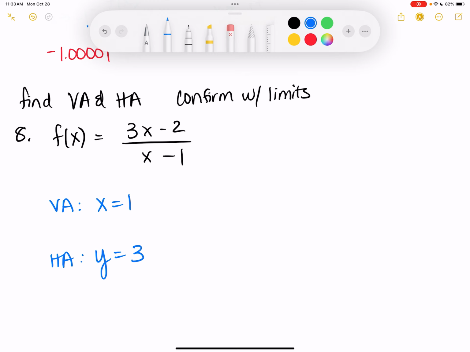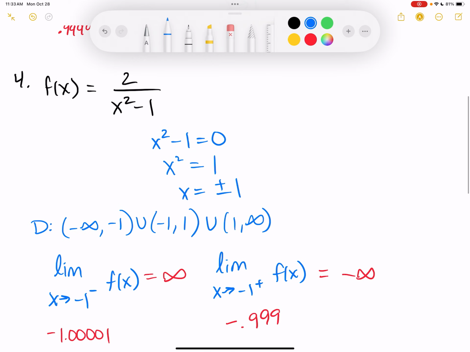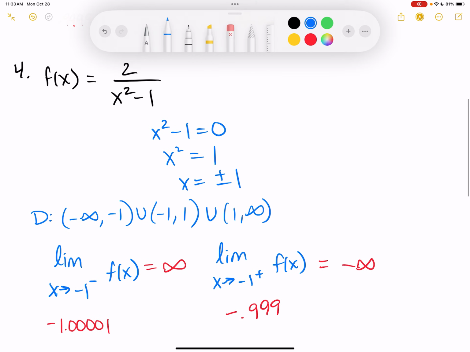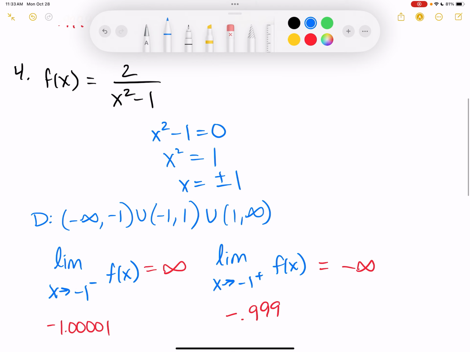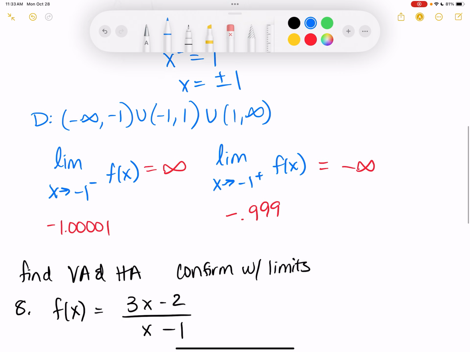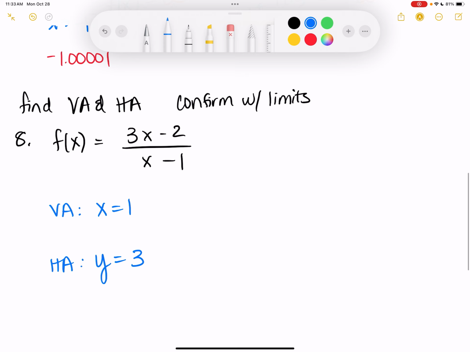Now we're confirming with limits. We've just done these last two problems, and we've confirmed the vertical asymptote without you really knowing that's what we were doing with limits. And then we'll also confirm the horizontal one, but it is a different way that we do that. For vertical, I have the limit as x approaches 1 from the left of f of x.